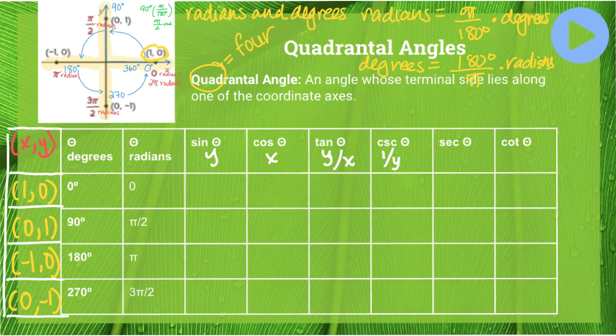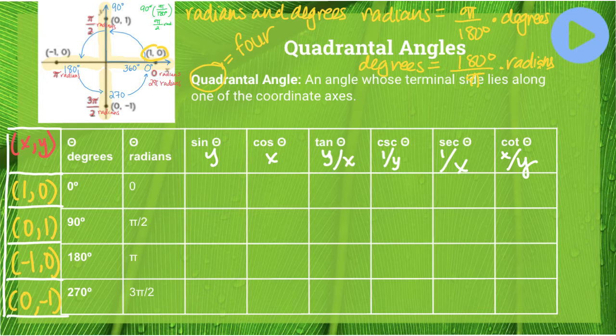Okay, so now we have secant theta, which is 1 over x, or the reciprocal of x, and then cotangent theta, which is x over y, or the reciprocal of y over x.